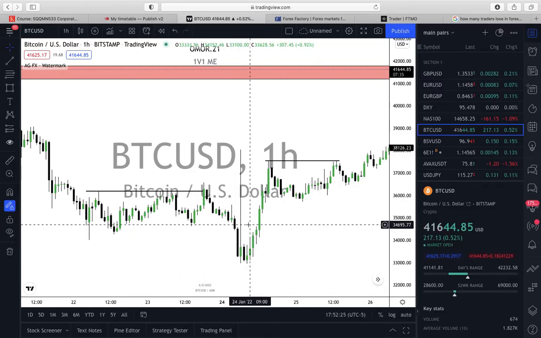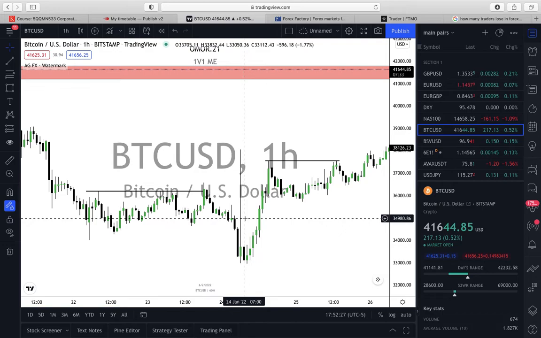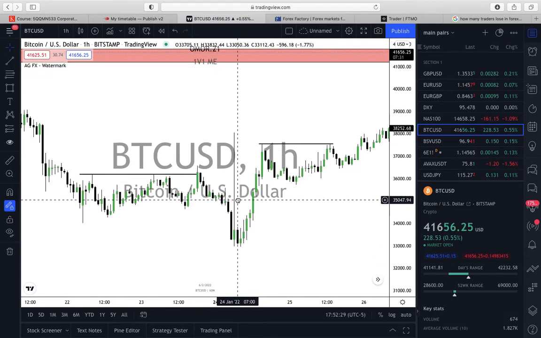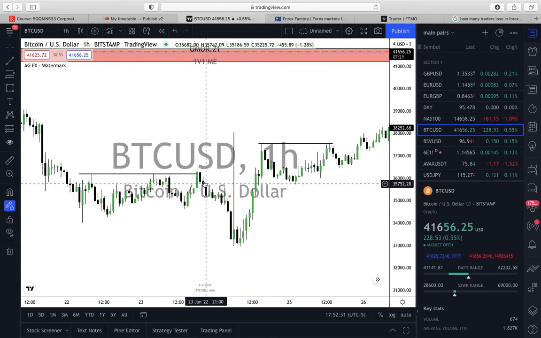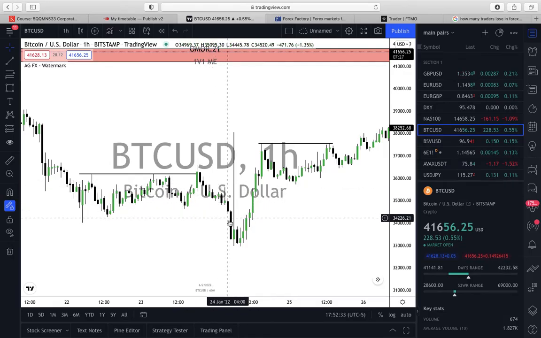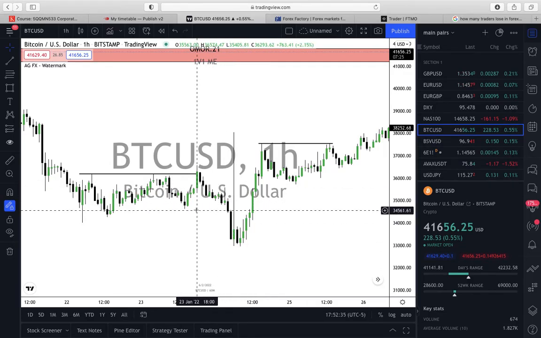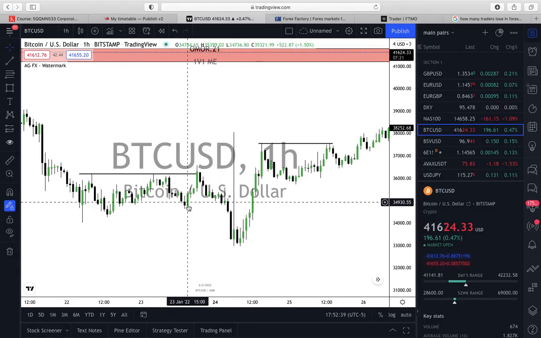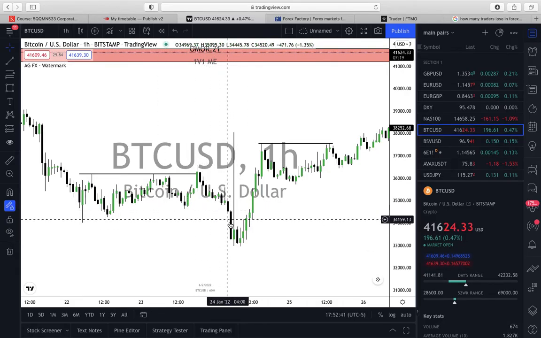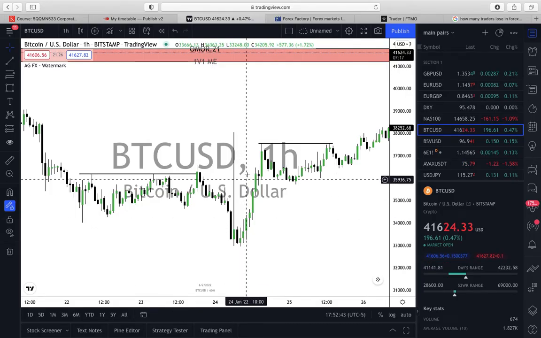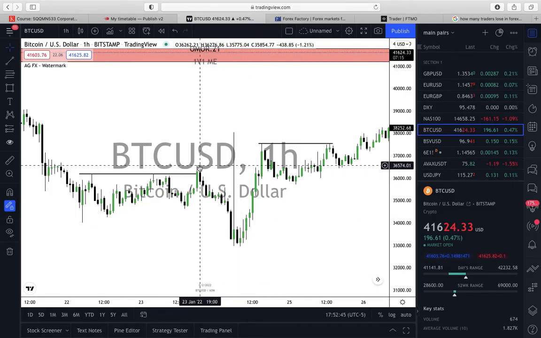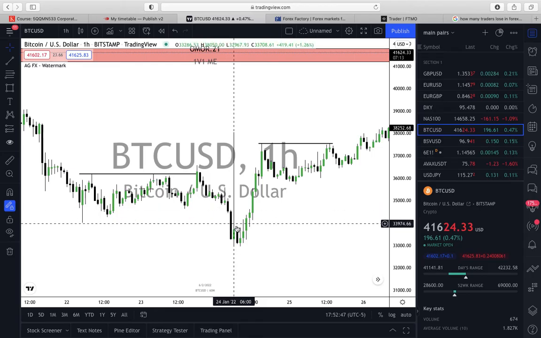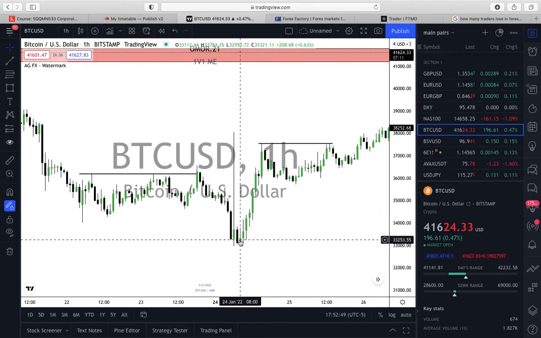Yeah? Now, ICT talks about a market structure shift. In a nutshell, when price makes the low, it trades through all these lows. Yeah? So this low, this low, this low. And then it comes up and takes out the high before the low was made.